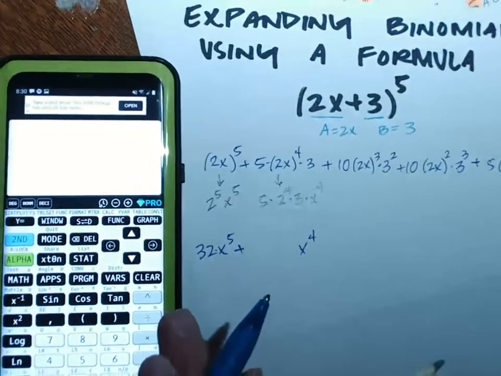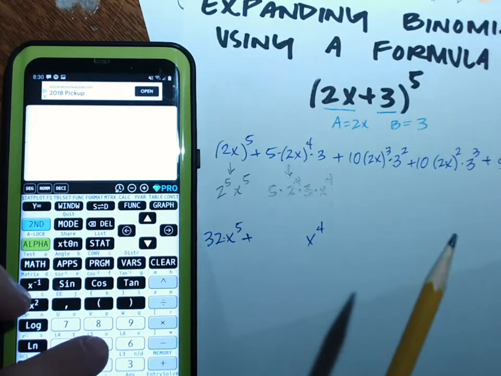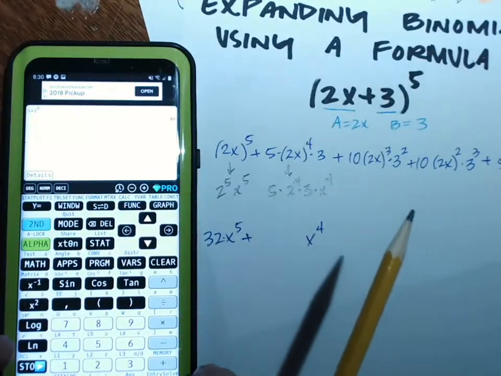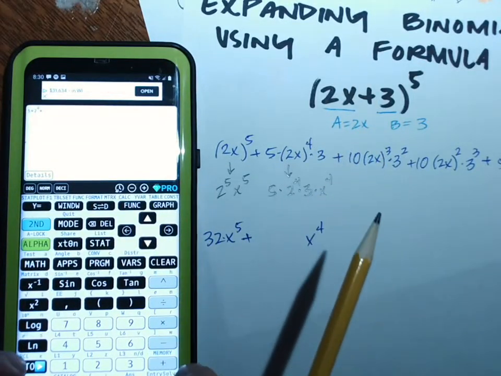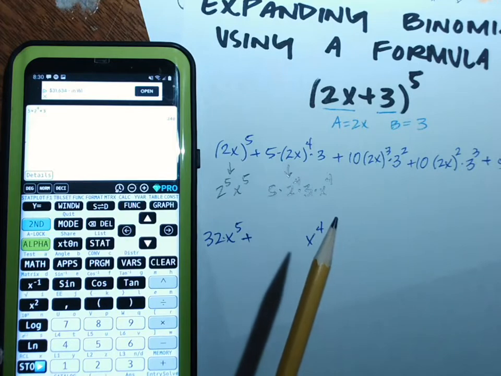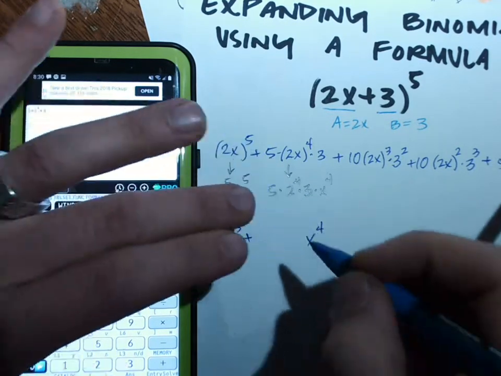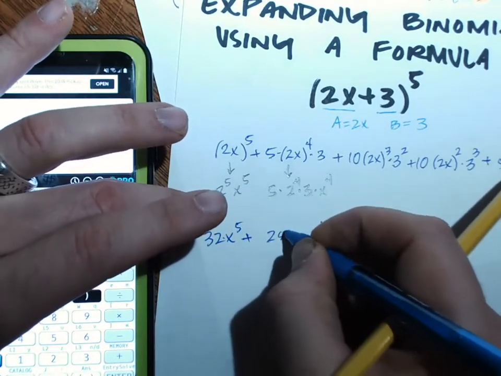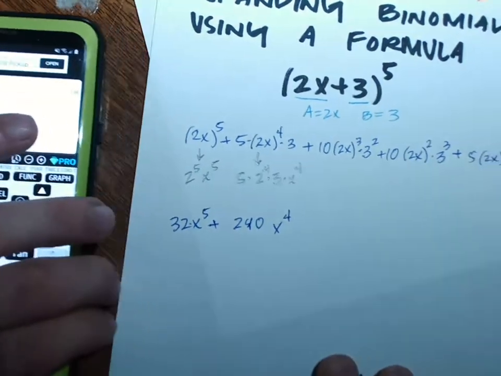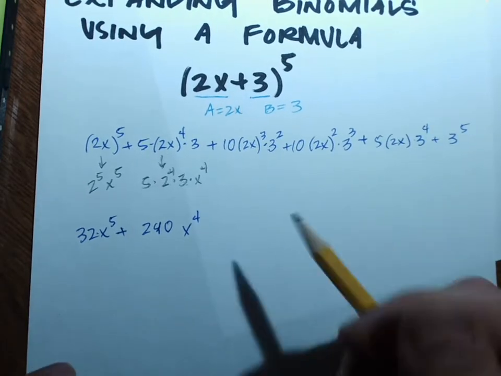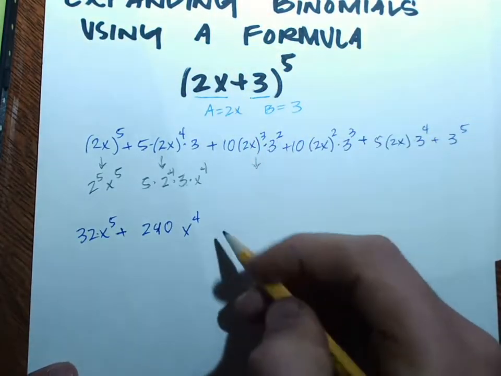So let's just take a moment here and calculate 5 times 2 to the fourth times 3. 240 is the result of that calculation, and we'll just go step by step and multiply each of these terms out.